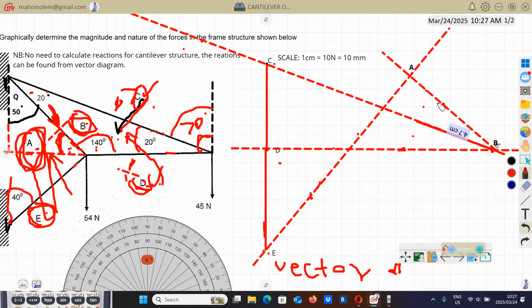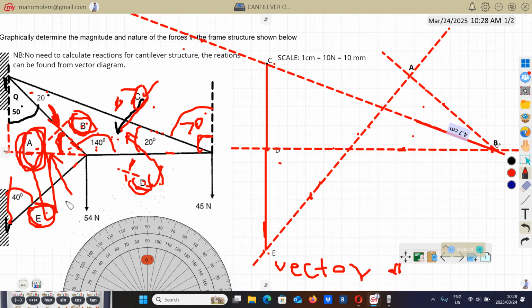Where those two lines meet gives us the position of point A. Right, from there we have everything. Yes, we are done. We have A, B, C, D, E.